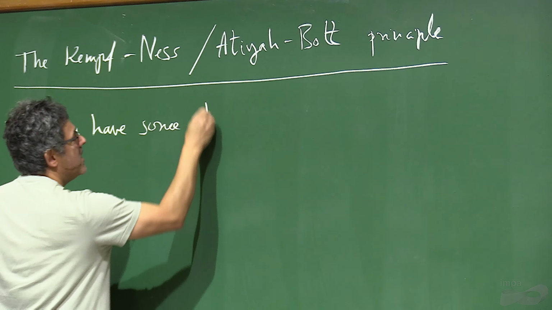This is a categorical quotient, if you like. It has a universal property: G-invariant morphisms to schemes Y factor through the quotient.